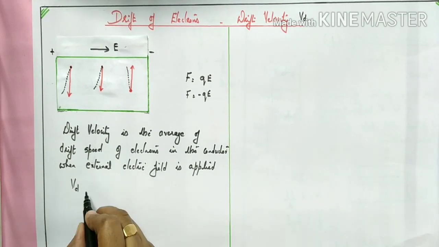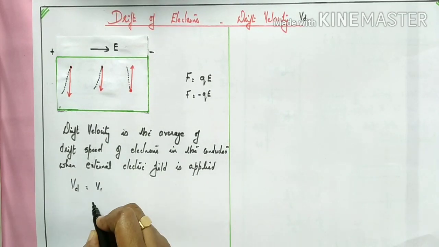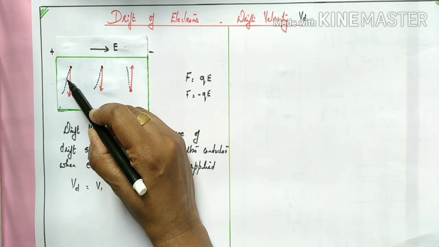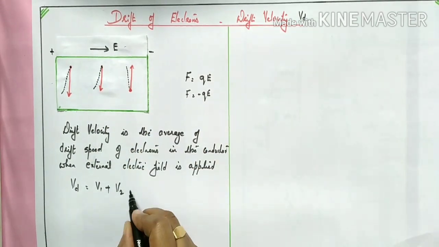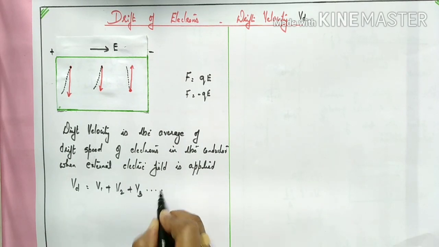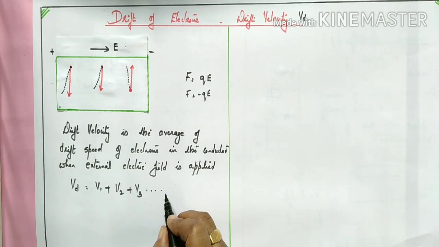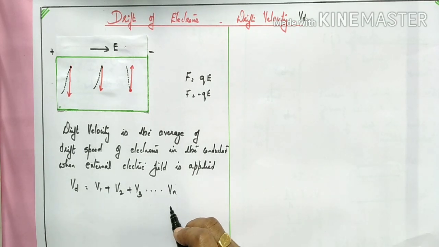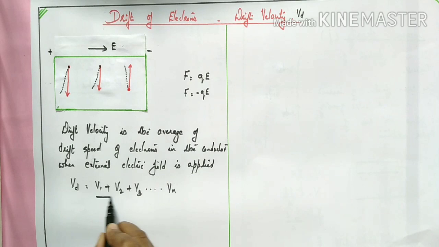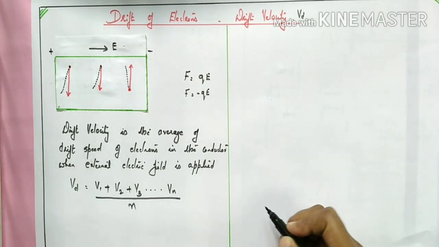Drift velocity Vd equals V1, the average speed of the first electron, plus the average speed of the second electron, the average speed of the third electron. If there are n number of electrons, V1 plus V2 plus V3 plus Vn, the average speeds of different electrons inside the conductor, divided by n, because we are taking an average.